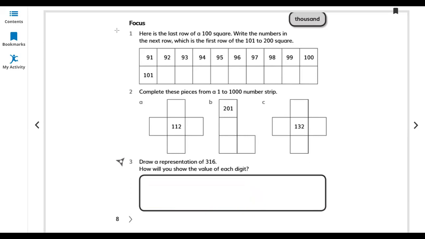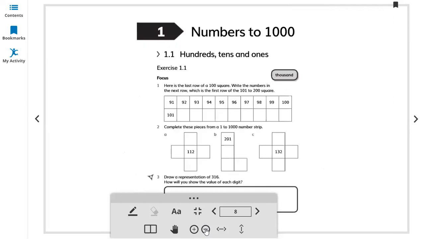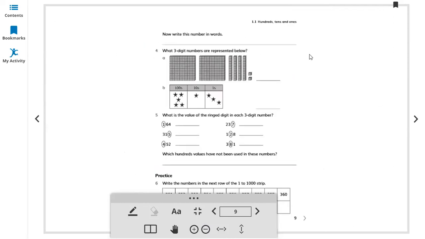Let's move to the next question. Sorry, question 3, the second part. Now write this number in words.